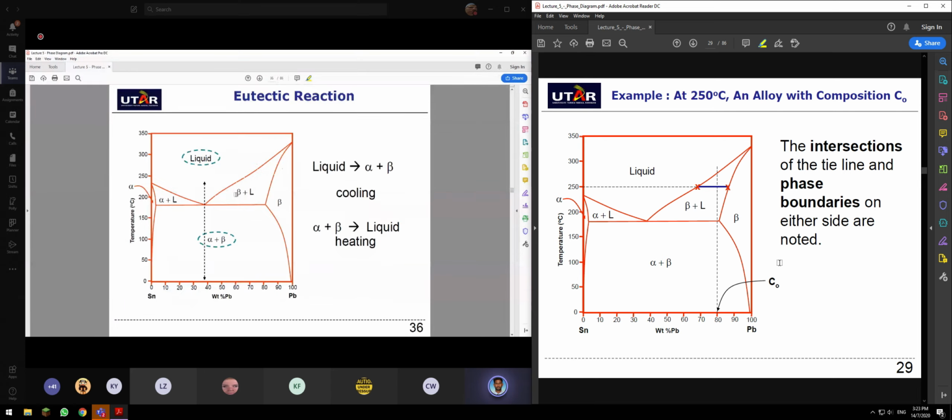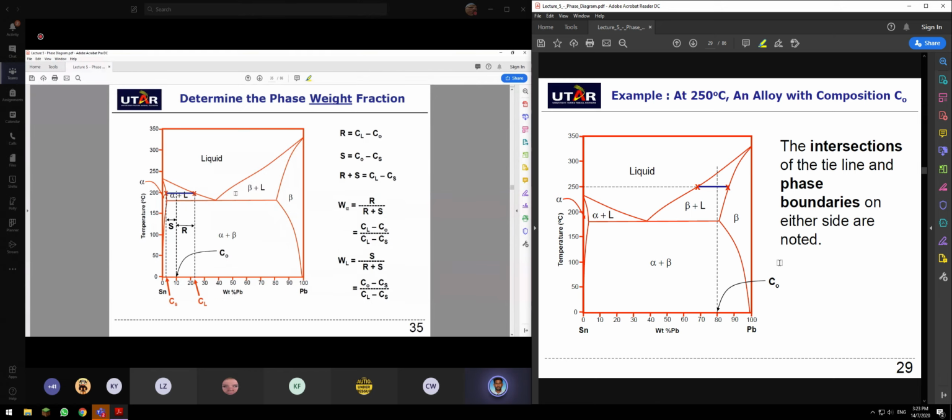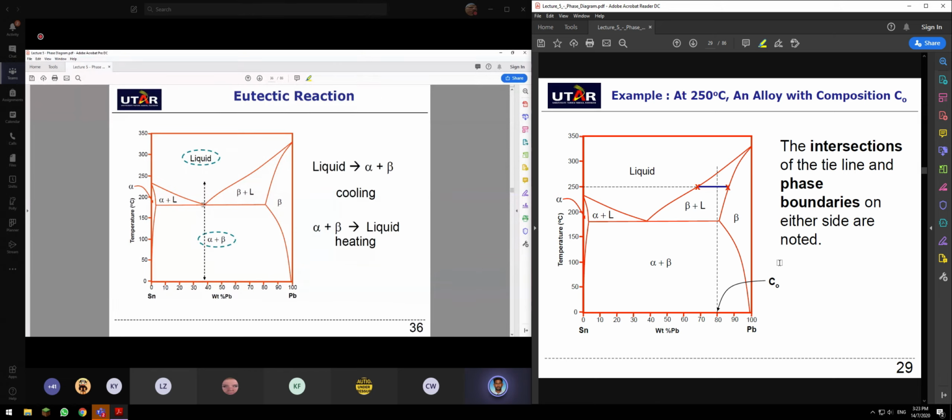Lever rule is a balancing rule. And then the eutectic reaction. Sometimes the composition is perfectly aligned to the eutectic point, or we call that an invariant point. So if you heat up a composition of, for example, 39 weight percentage of lead, to a temperature of 150, 160, to above 170, it changes directly to homogeneous liquid, without going through the phase of this or this.